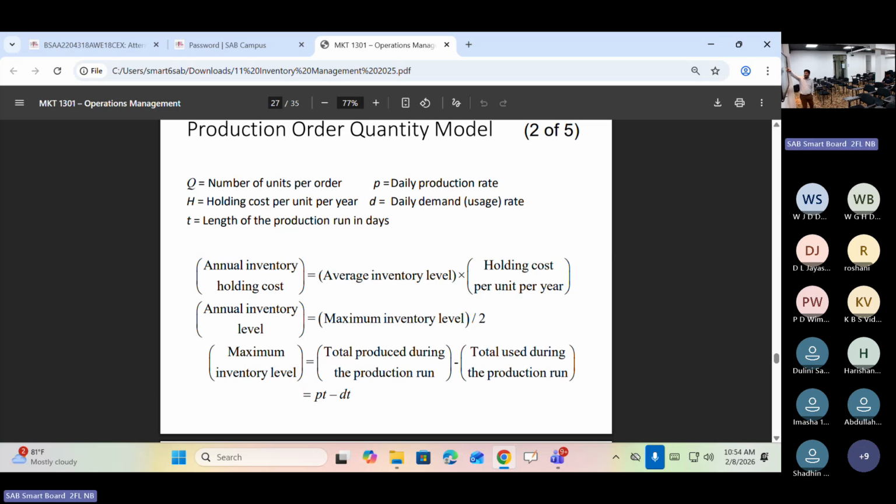Here simple P stands for the daily production rate. H is the holding cost per year, as above. Simple D is the daily demand, and simple T is the length of the production run, how many days it may go.